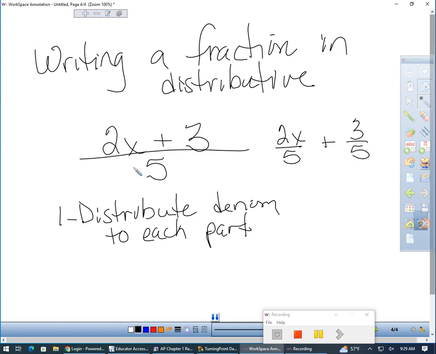All I did was split it up to each part. Step number 2 is you have to check to see if you can reduce. And I'm just going to put check reducing. Can I reduce either part of that? Does the first fraction reduce at all? Does the second fraction reduce at all? Then I'm done. Okay?